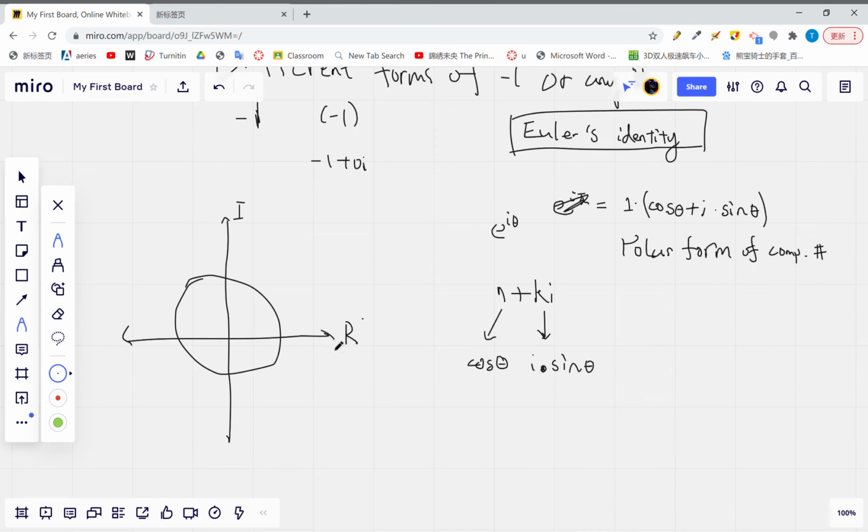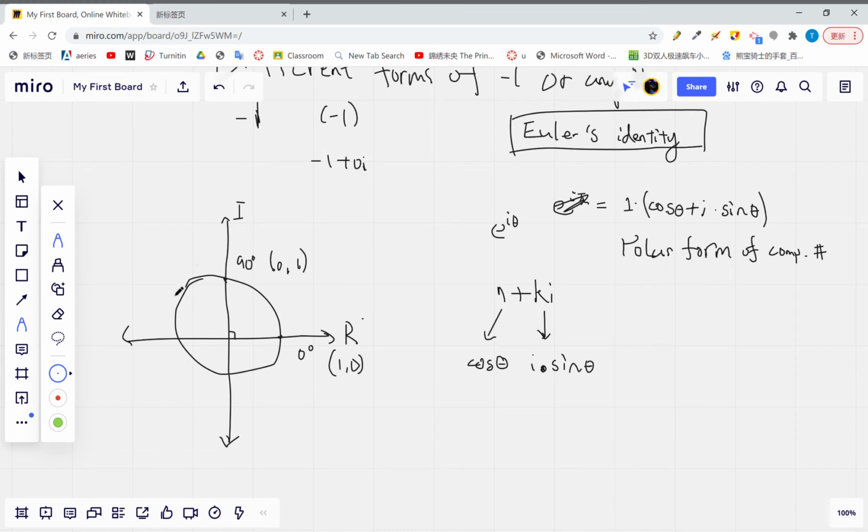Let's add arrows. Okay, so this is a 90-degree angle. 90 is basically just 0, 1 on a complex plane. This is 0 degrees, and this is 1, 0.